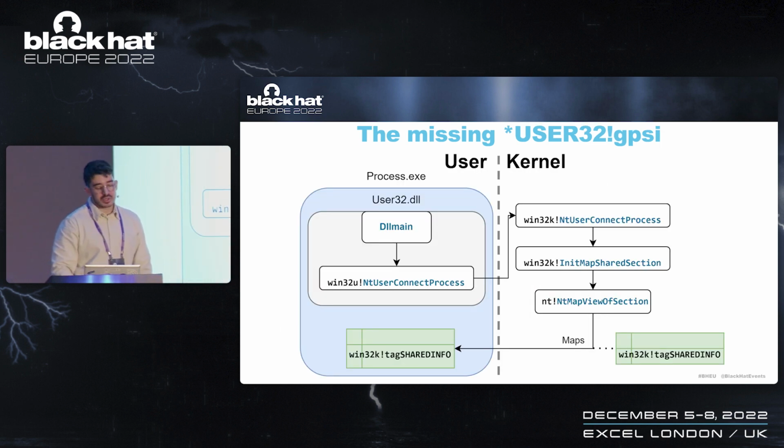Let's see how it's getting loaded. Okay, process here loads user32, which executes its DllMain, which invokes a call from Win32U NtUserConnectProcess, which invokes the kernel side in the Win32K driver, NtUserConnectProcess, invoking InitMapSharedSection, an informative name that maps the actual shared info object to the address space of the process that loads user32, that contains the contents of the shared info structure.